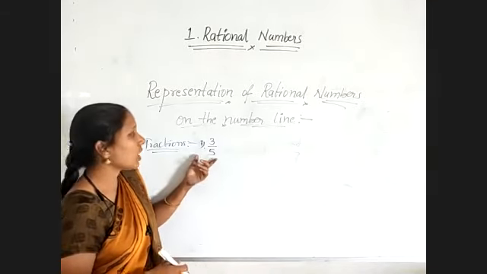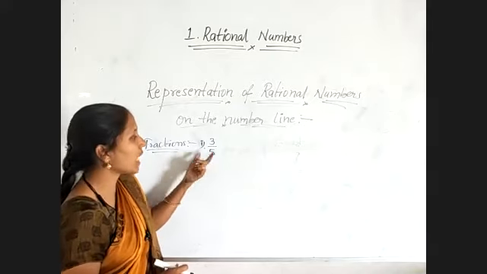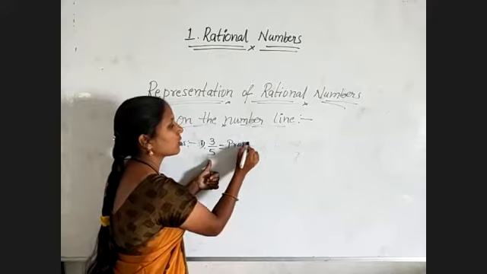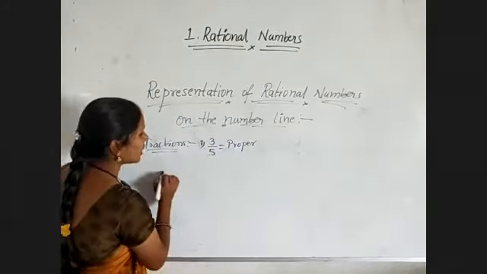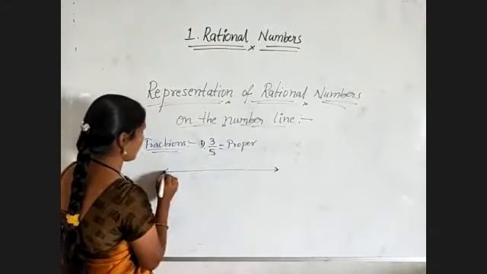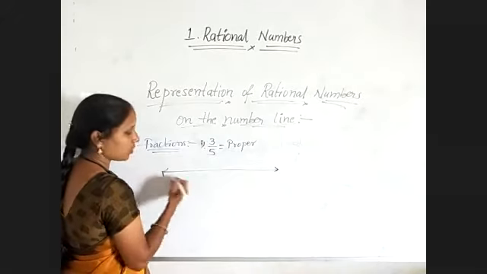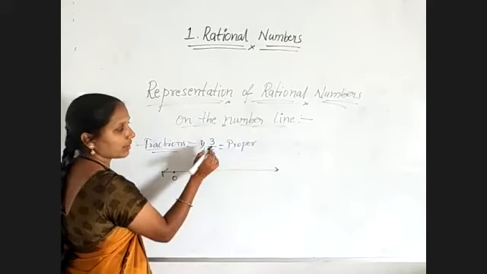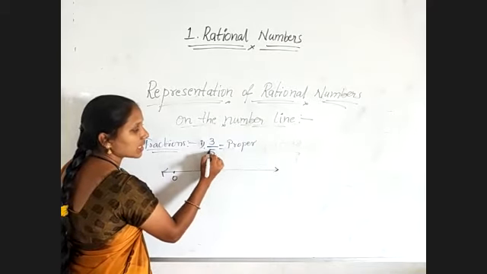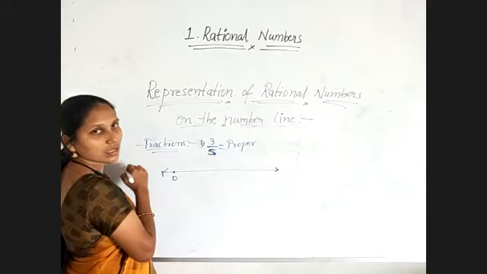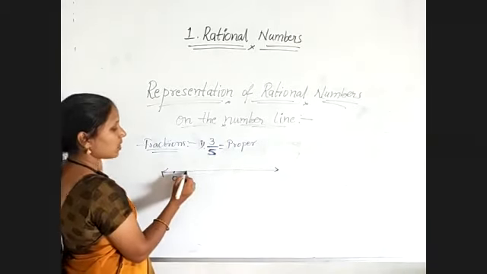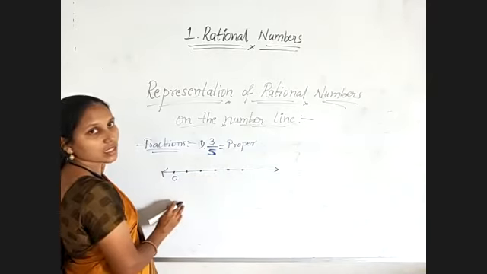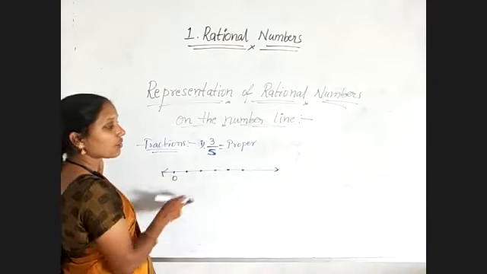Now, we have to represent 3 by 5. Which type of fraction is 3 by 5? Proper fraction. So how will we show it on the number line? Observe. It is a positive number, no need to write negative. 0, then 3 by 5. That means 3 out of 5 equal parts. 1, 2, 3, 4, 5 equal parts.